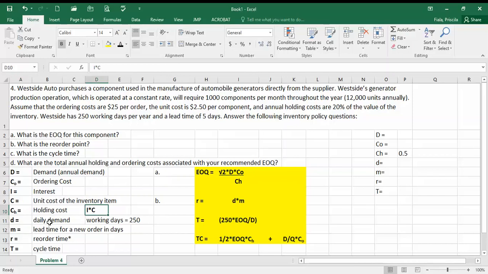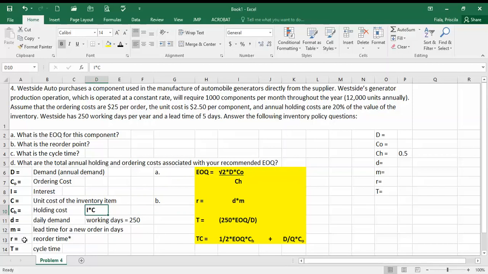We already talked about the small d for daily demand. M is the lead time for a new order in days. That means the time you wait from the moment you order to the moment you receive the product, pretty much the wait time.